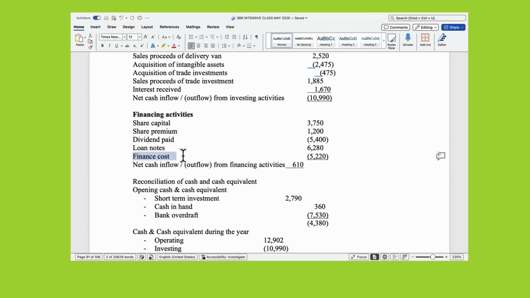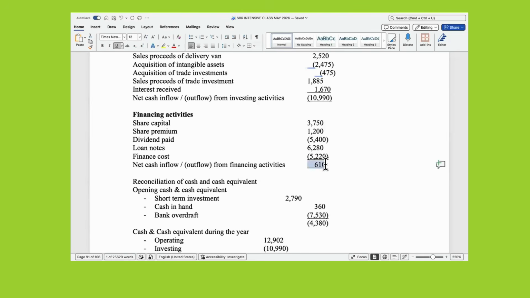I can confidently pick the whole item in P&L because in my liabilities, there was nothing like interest payable. So I wasn't owing any interest to anyone. That means the item in P&L was actually paid fully. I accumulate all of these, and I get net cash inflow from financing activities.